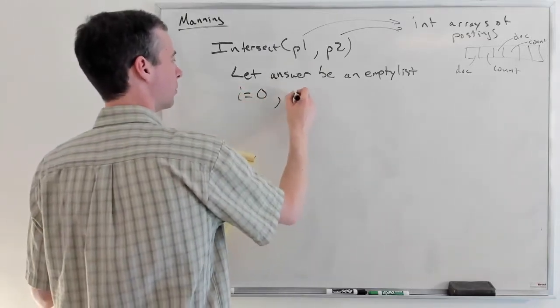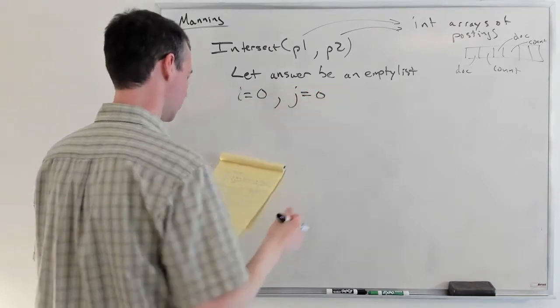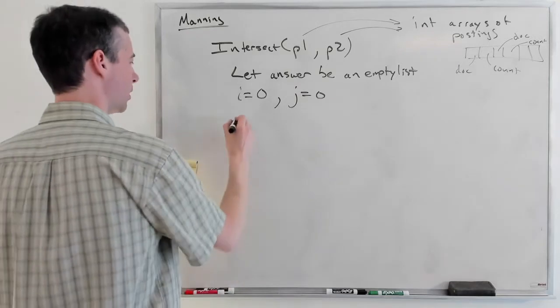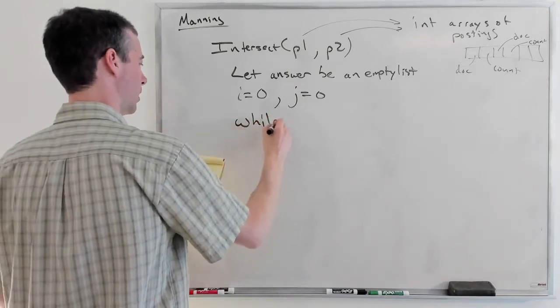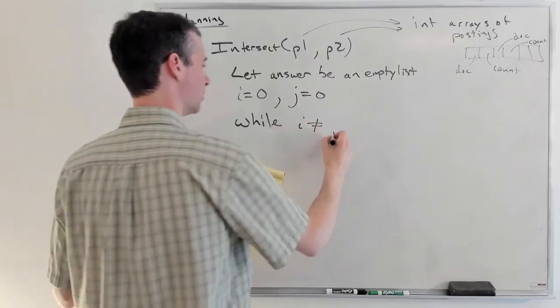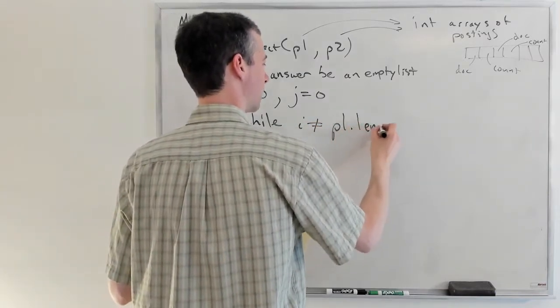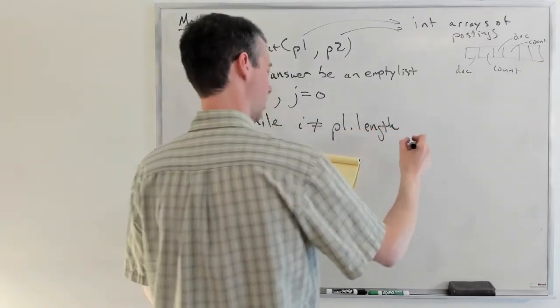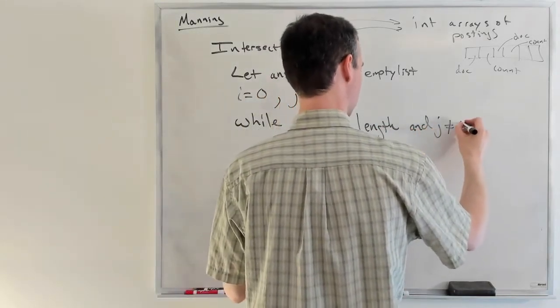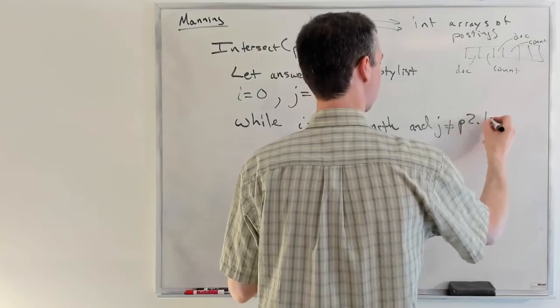I is 0, we'll also set j to 0. These are going to be our two indexes into the two lists. And we basically say while i is not equal to p1.length and j is not equal to p2.length.